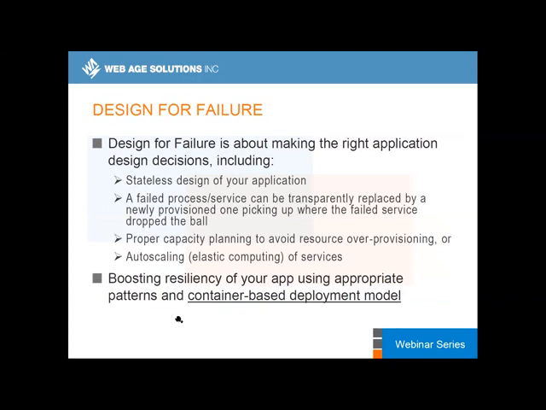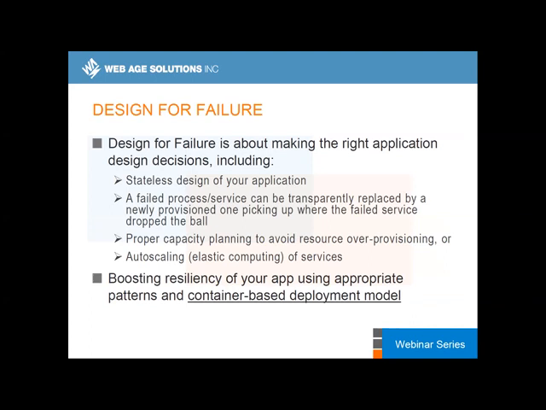Okay, designing for failure. I guess we're closing in. So this is something that, again, has been around us for quite a long time. We definitely need to start thinking about failure. Failure is just a part of business. It's a new norm, if you will. Anything can fail at the most inconvenient time. So what might help?